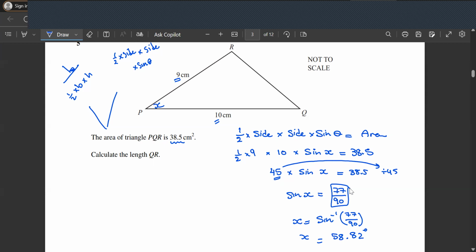Look here, I want to tell you something. For this question, if I got sine x directly equal that, no need. I did my work: I wrote the equation, substituted in it correctly, and then I got the answer. So you will take the full credit here. But for example, if you are solving two linear equations together, you cannot just use the calculator directly to get x equal and y equal.